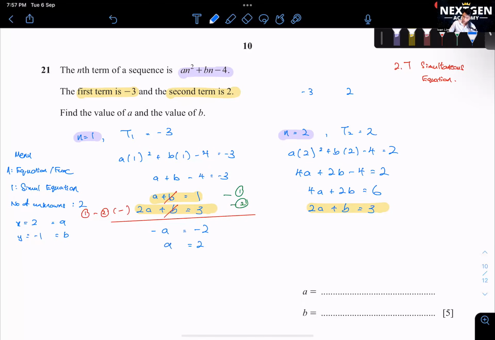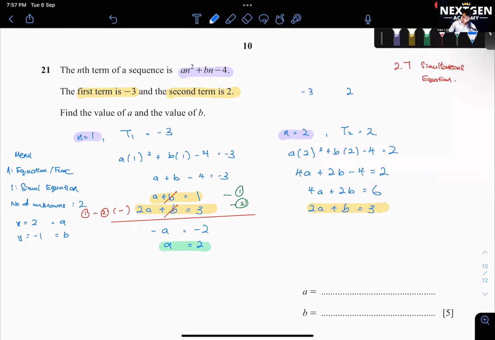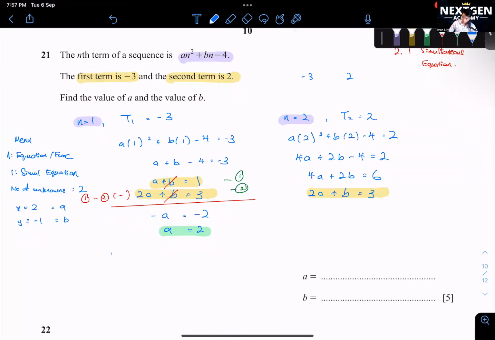So A will be equal to 2. Then I substitute A equals 2 into any equation. I substitute into equation 1: 2 plus B equals 1, therefore B equals -1.